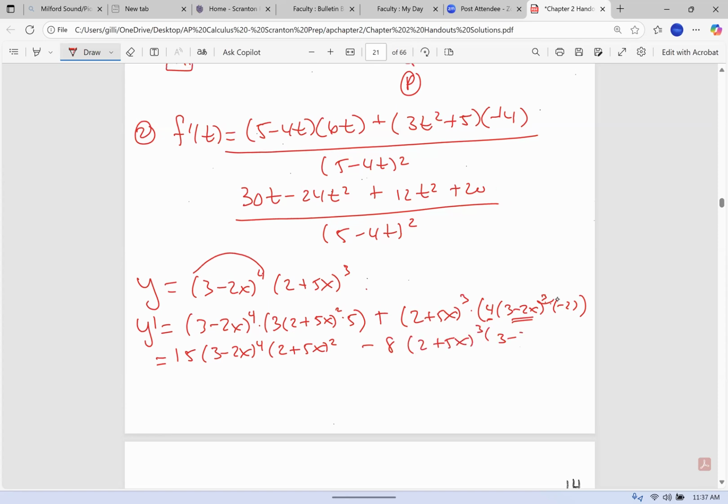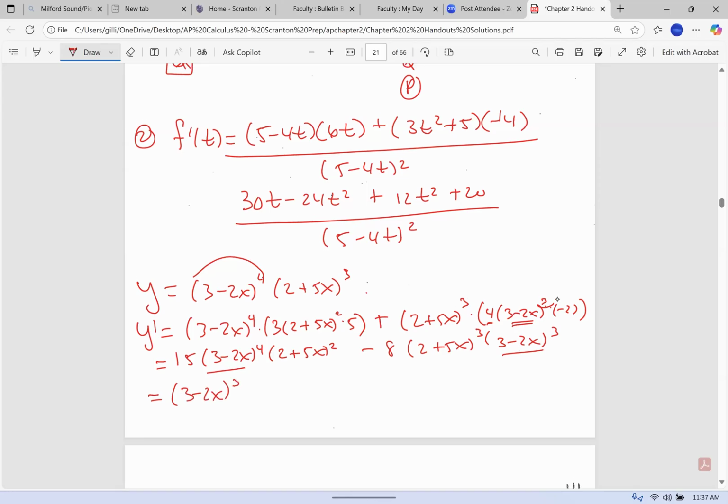And remember, to clean up any derivative, you're either factoring or getting a common denominator. So what I'm going to do in this one is factor. So I'm going to take out, between this and this, I'll take out the lowest exponent.